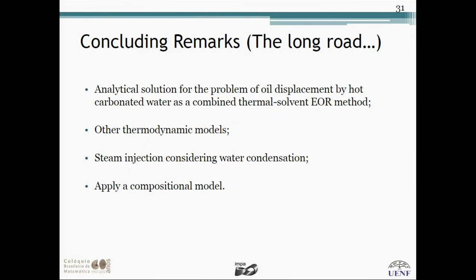So we did almost nothing compared to what we plan to do, but the first steps are given. I believe that I have some ideas of what to do from here on.